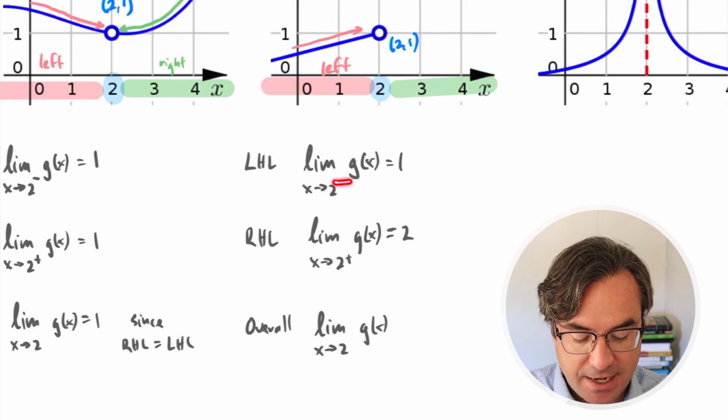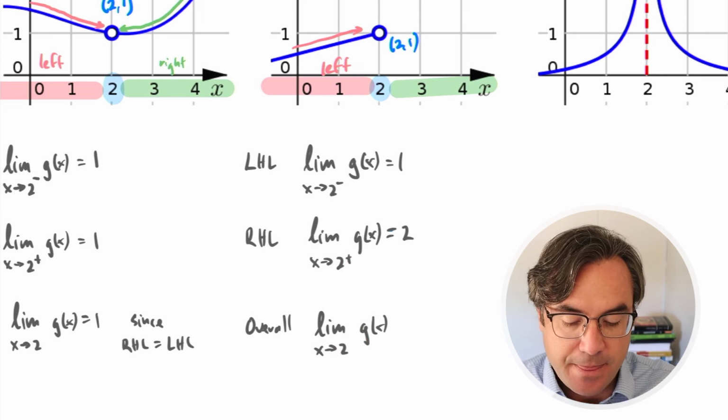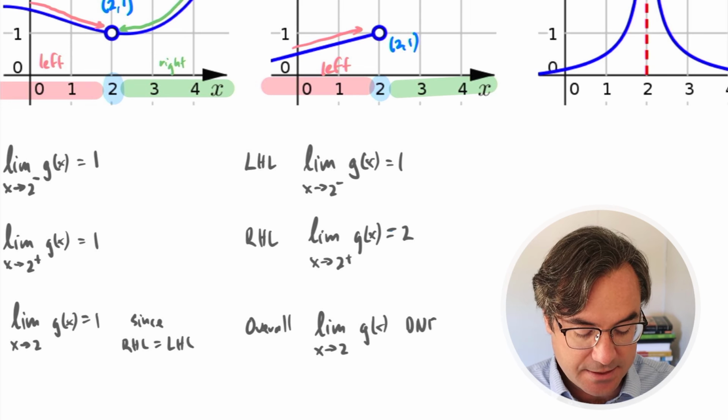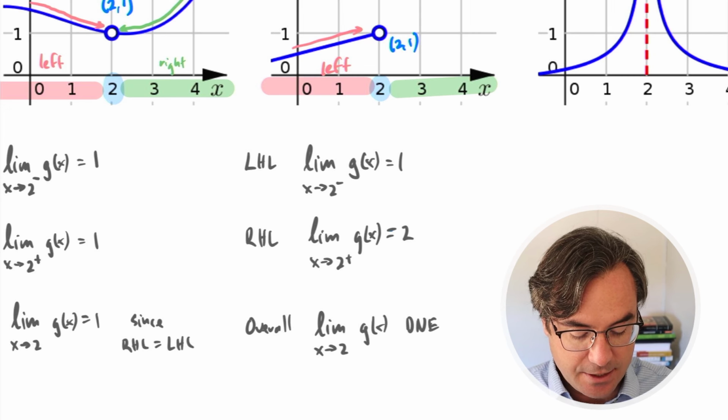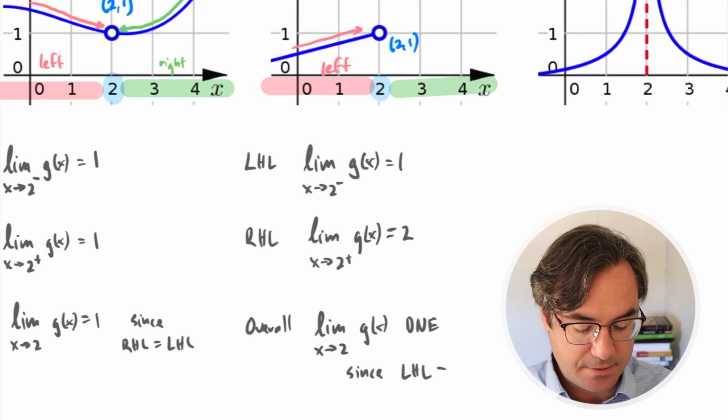So we've got our left side, our right side. The overall limit, we don't specify the direction. And in this case, we would say that this limit does not exist, because the left-hand limit and the right-hand limit are different.